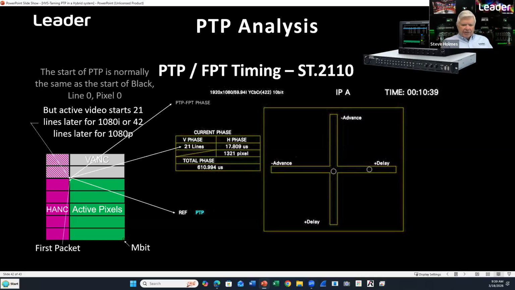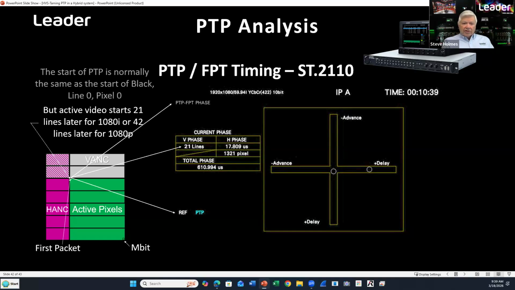The RTP timestamp is used by a lot of equipment to find first packet time. Some systems will just find first packet time and they won't look at RTP timestamps, but it's all in how the designer of that receiver designed that receiver, either to use RTP or not use RTP.